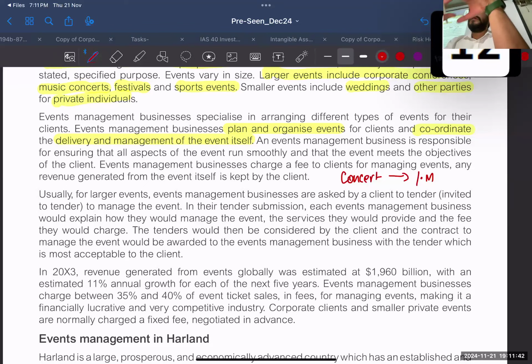Now, whatever amount of earning is received from that specific concert or the sale of the tickets will be kept by the client itself. This means that I'll only be getting the revenue as per the contract.